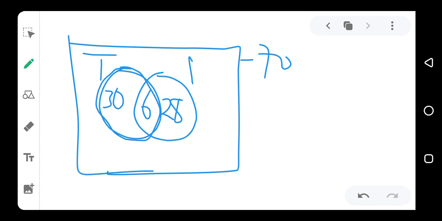Okay, so this is the representation of the data using Venn diagram.